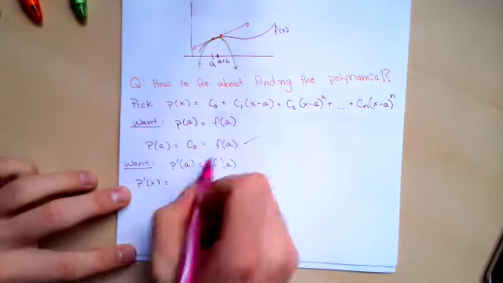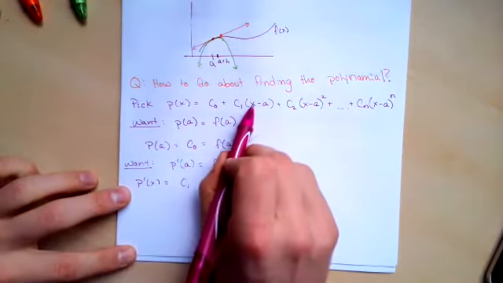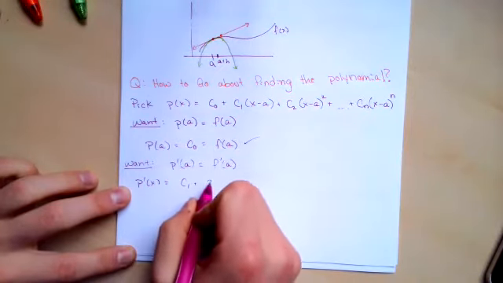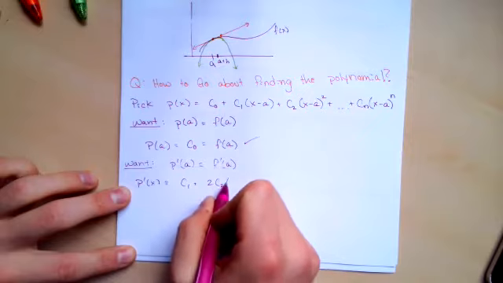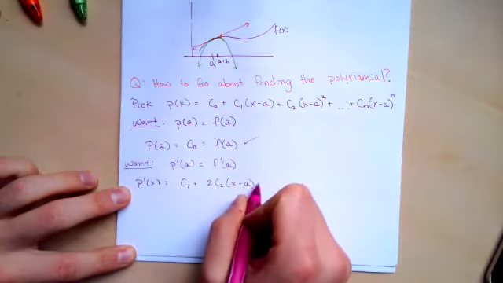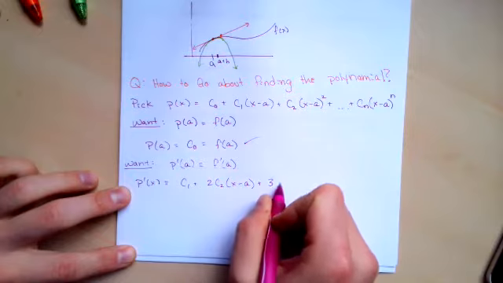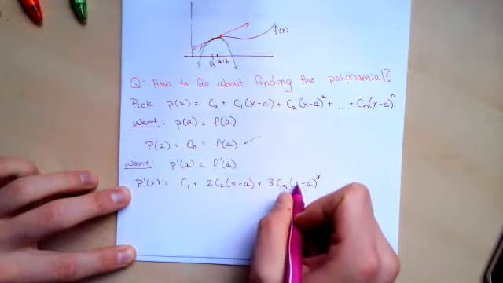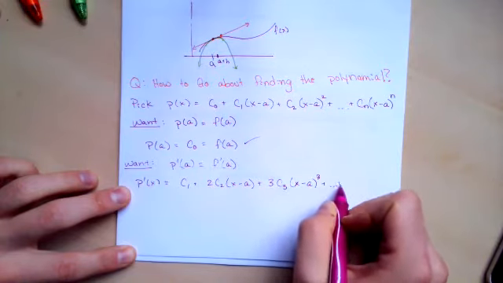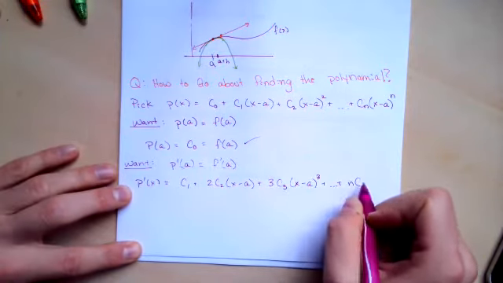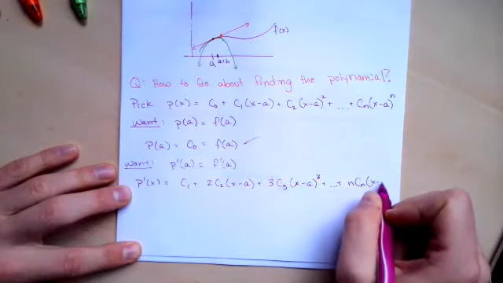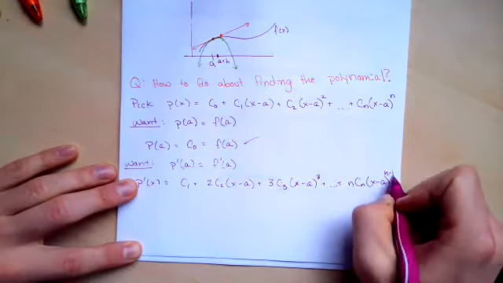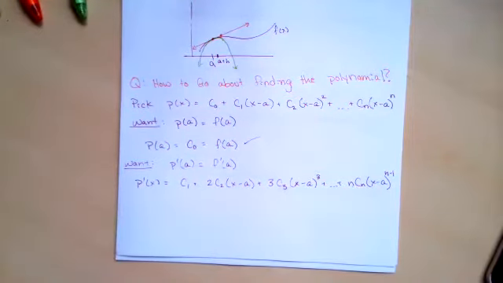So p prime of x is going to be c1 times this term to the 0 now, so that goes away, plus 2c2 (x minus a) to the 1 plus 3c3 (x minus a) cubed, and it's going to go all the way up to our nth coefficient, but because we took a derivative, the power is 1 less.